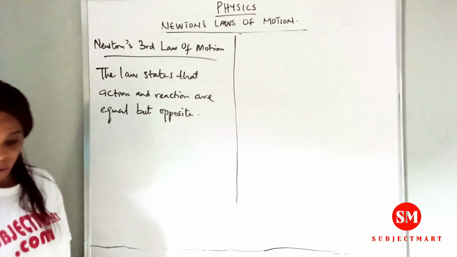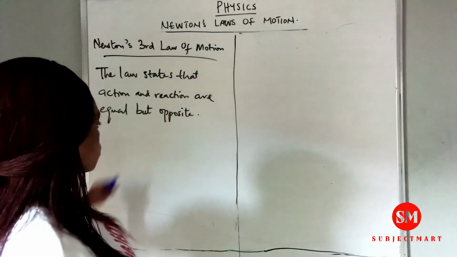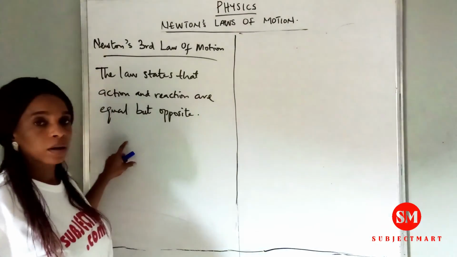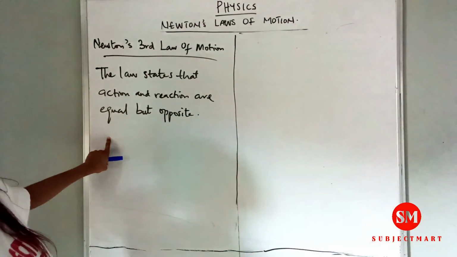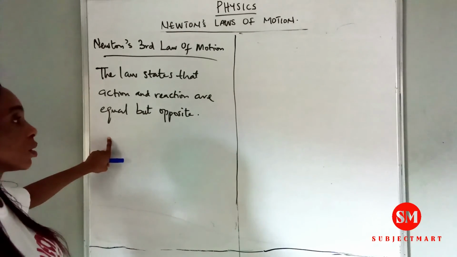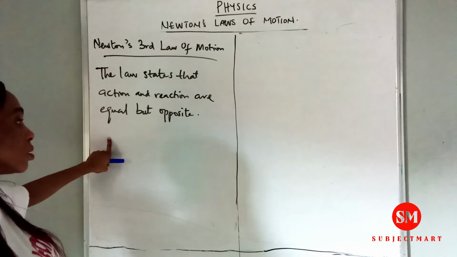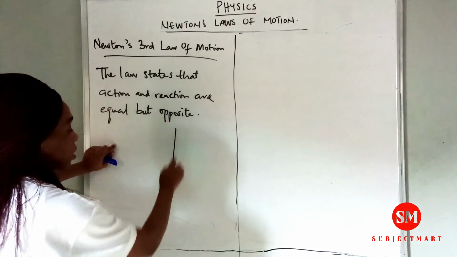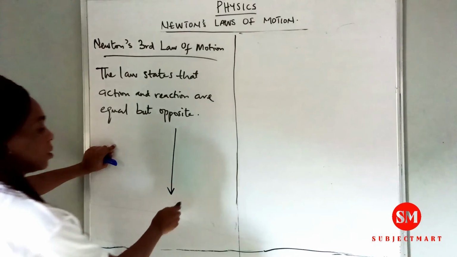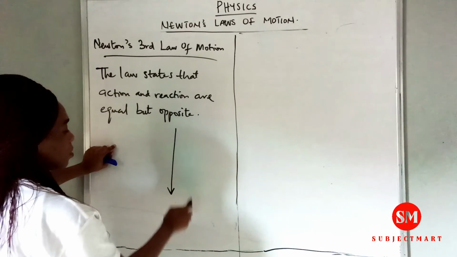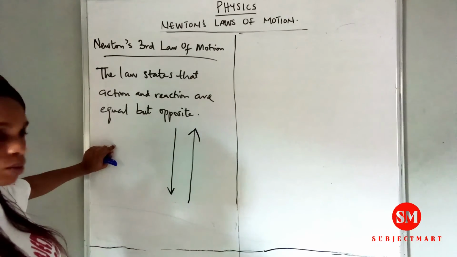One of the examples I'll quickly want us to recall is when I was talking about the gun. I was also talking about rocket propulsion, that when the rocket is launched, gases are ejected downward, then the rocket is propelled upward.